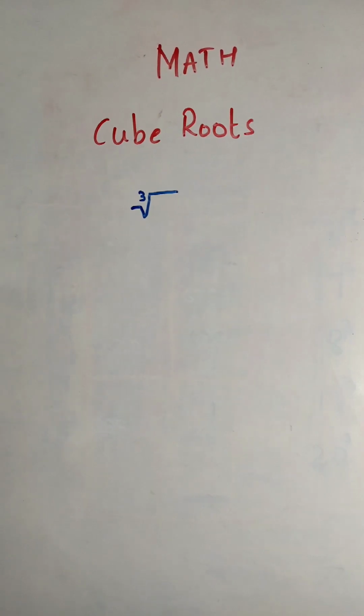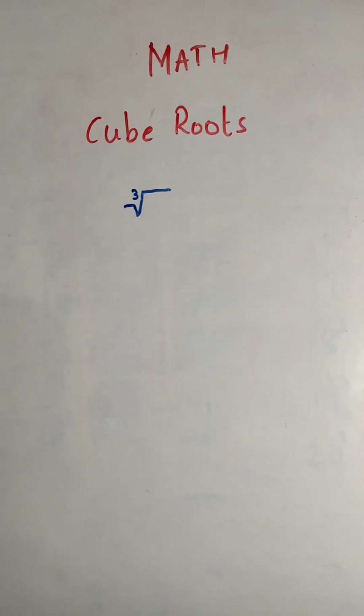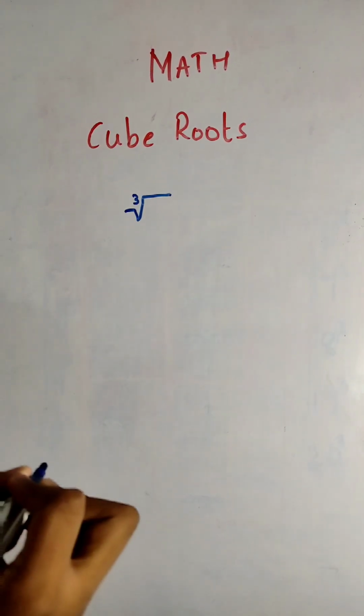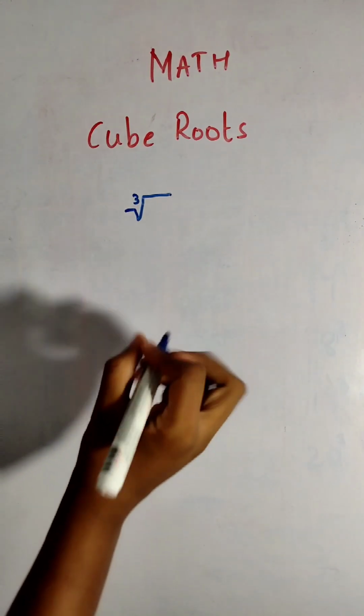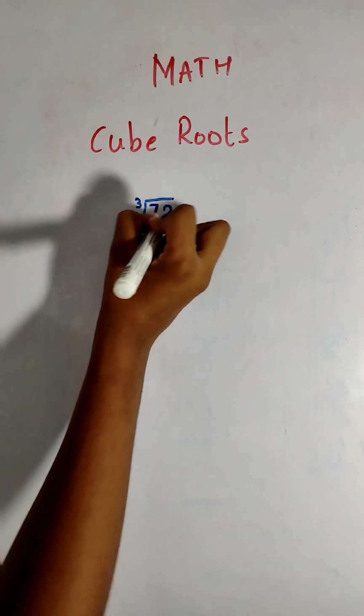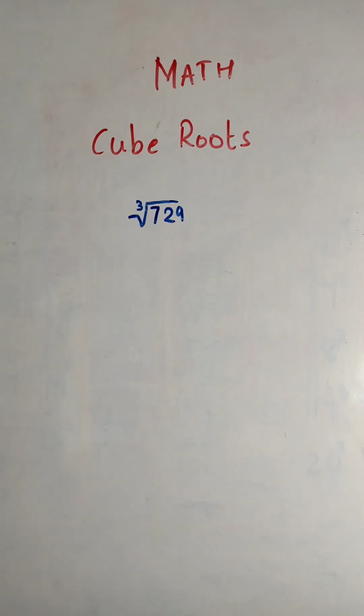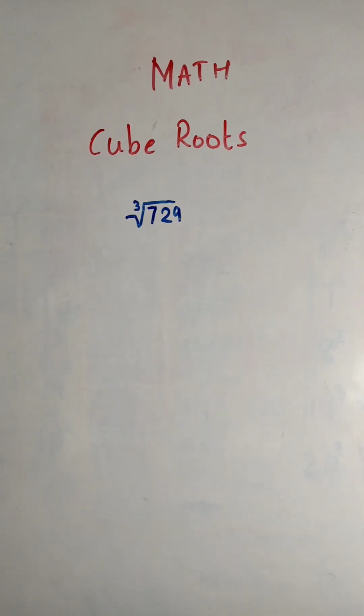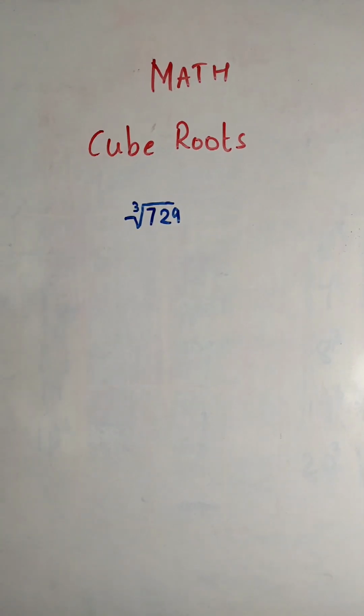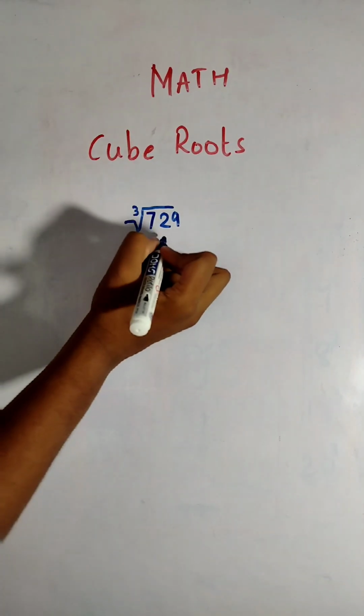So let's take the example of the cube root of 729. We gave this as homework in the last video, where you had to find the last digit of 729. We can tell that by taking the cube root of 729.